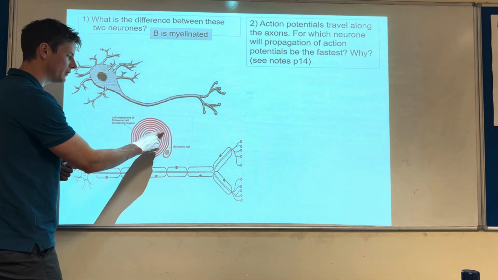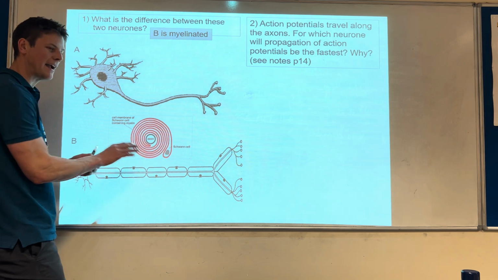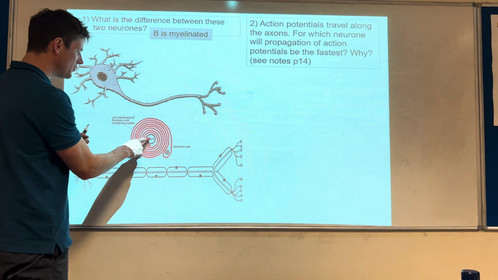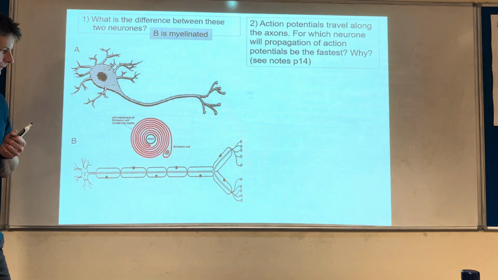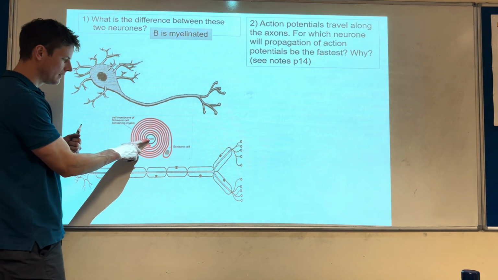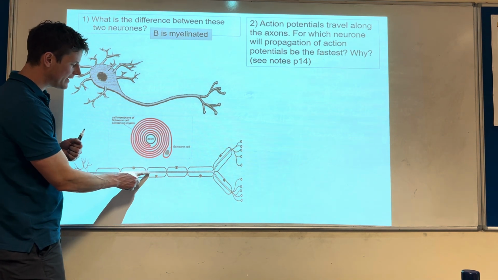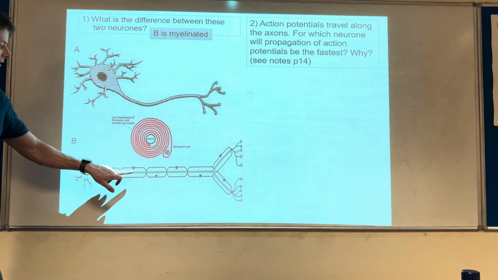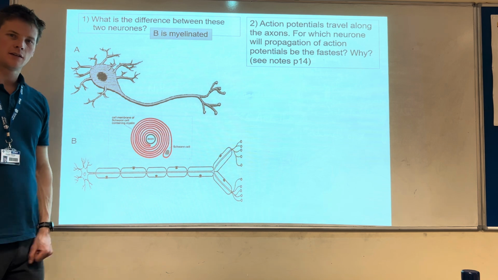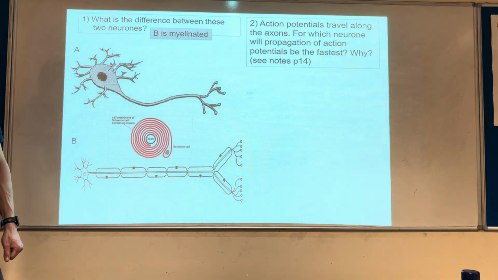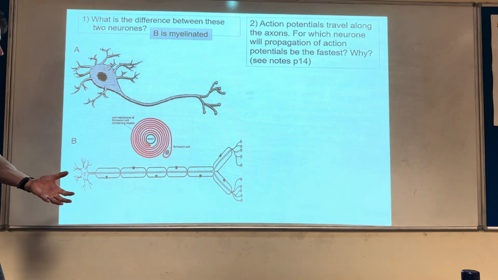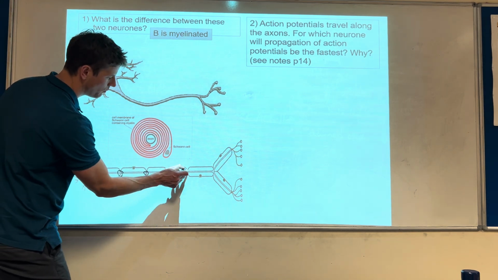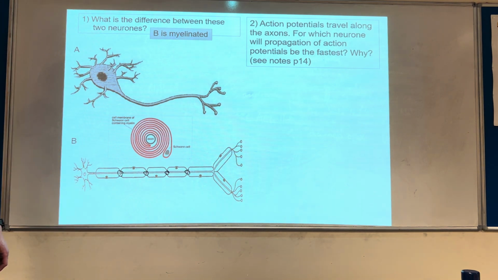So it's like the phospholipid membranes surround and wrap around the axon. And that insulates this axon, meaning that the only exposed regions are at these nodes of Ranvier, the spaces between the Schwann cells. And because of that, it's only at these nodes of Ranvier where action potentials are produced.